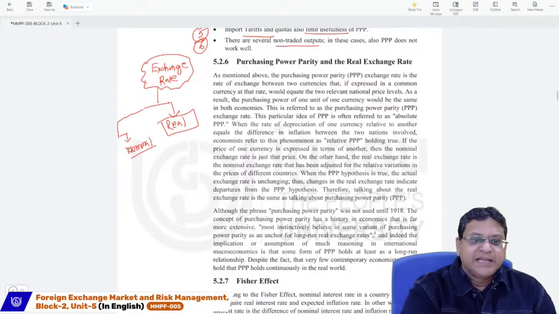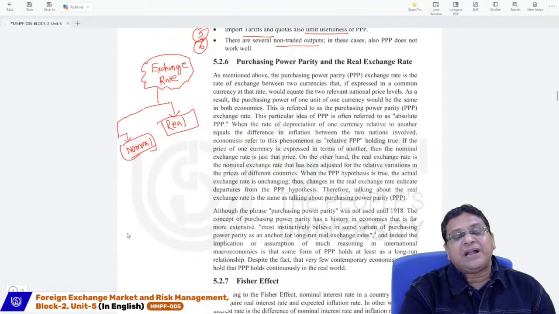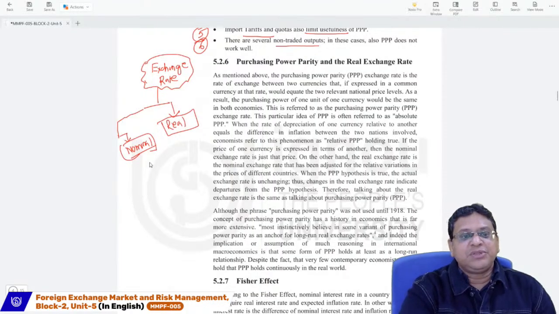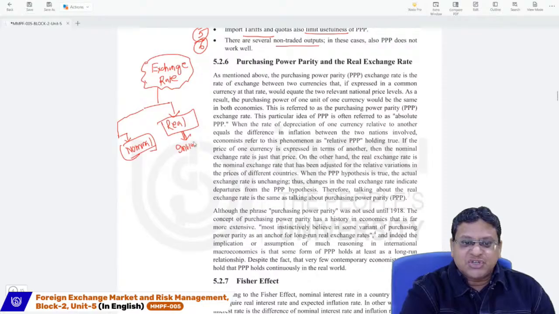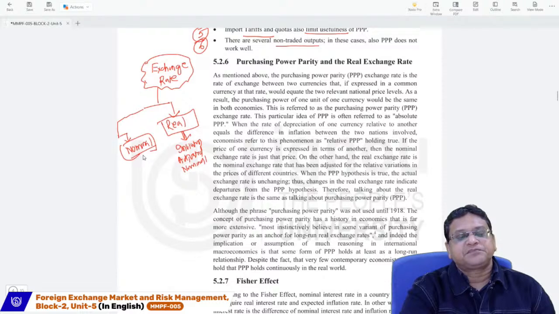Nominal exchange rate is the exchange rate given without adjusting for inflation. Real exchange rate is the inflation adjusted exchange rate. If we make an adjustment of inflation to the nominal exchange rate, we get the real exchange rate.